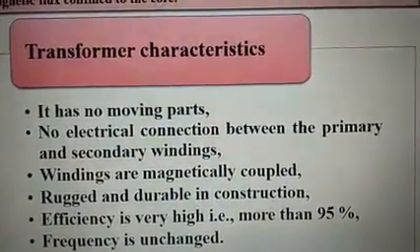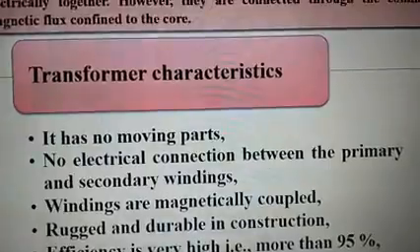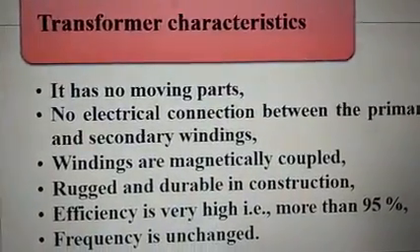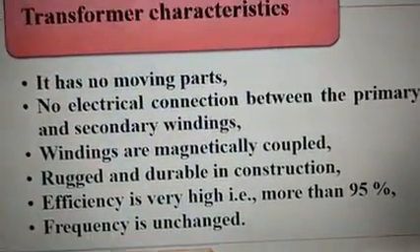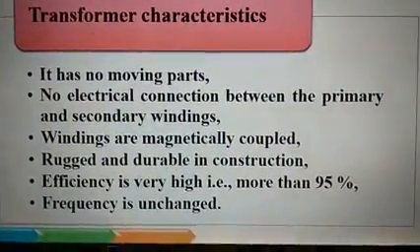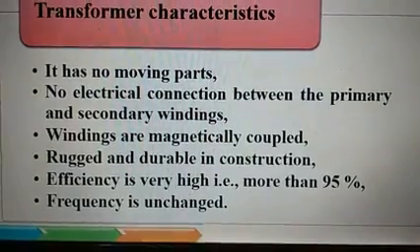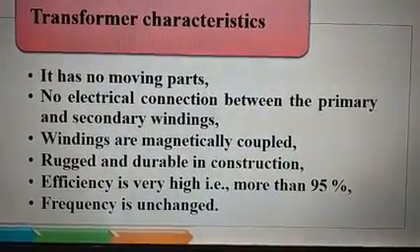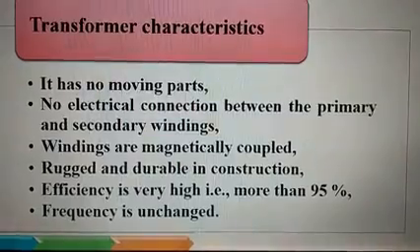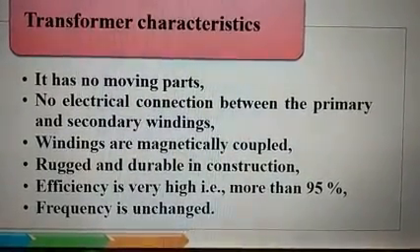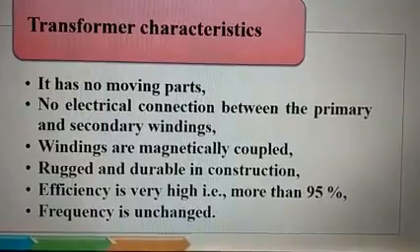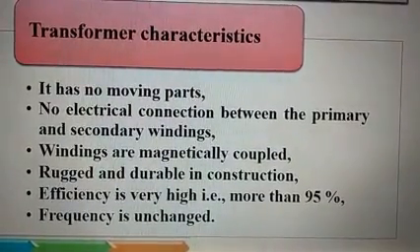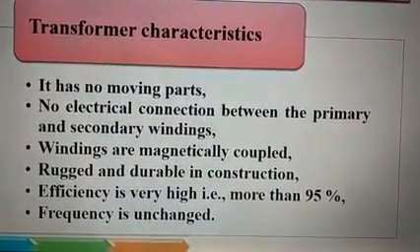There is no electrical connection between the primary and secondary windings, meaning the transformer can be used for isolation. Only magnetic coupling is there. There is no electrical connection. So the third point is windings are magnetically coupled. The fourth, it is very robust and durable in construction.